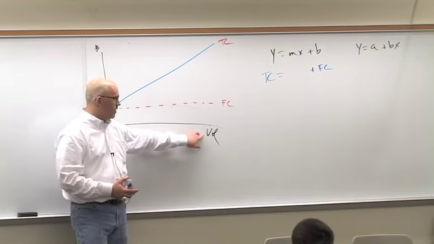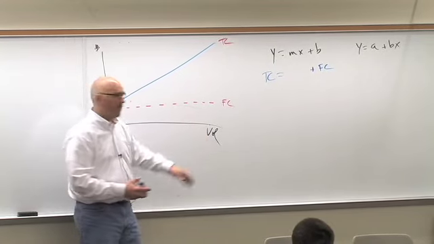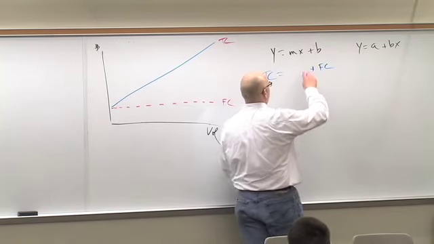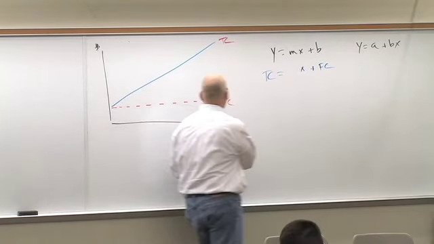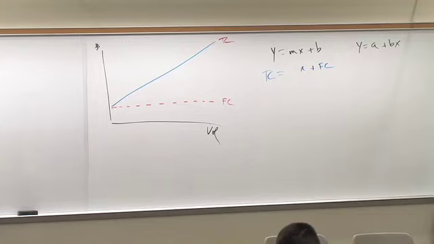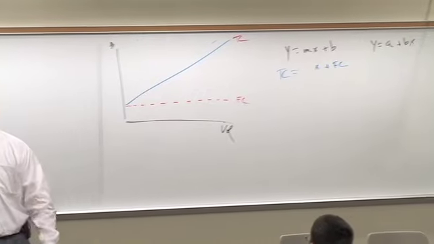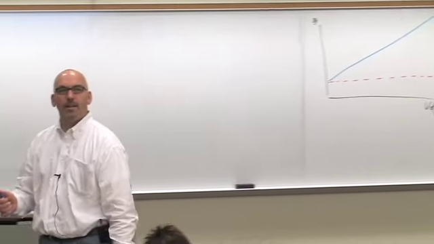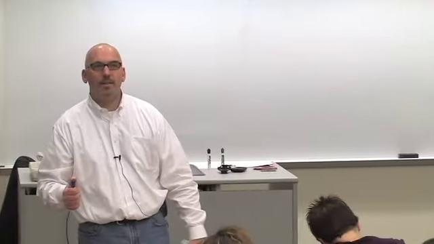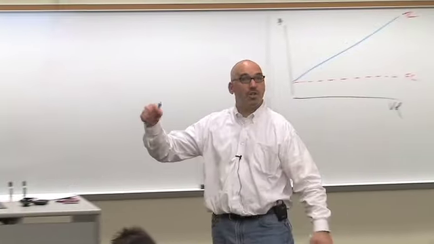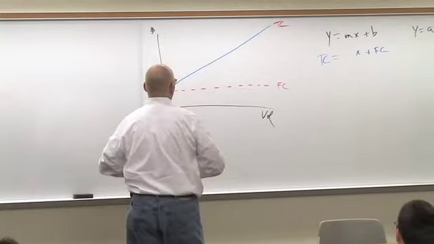What is the x-axis? Volume. We're going to leave it as x, but it represents volume. It's the x-axis. Tony, M is the slope. What's the accounting term? Really, variable cost per unit. Variable cost per unit.